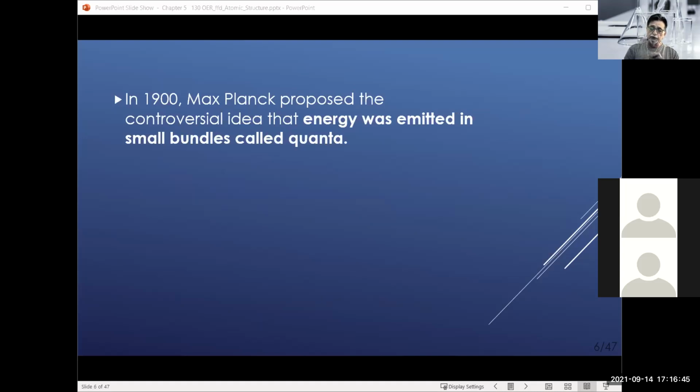There's an institute in Europe named after him, the Max Planck Institute. He proposed a very unconventional idea for the time. He proposed that energy was emitted in small bundles, or what you call quanta, small bundles of light.